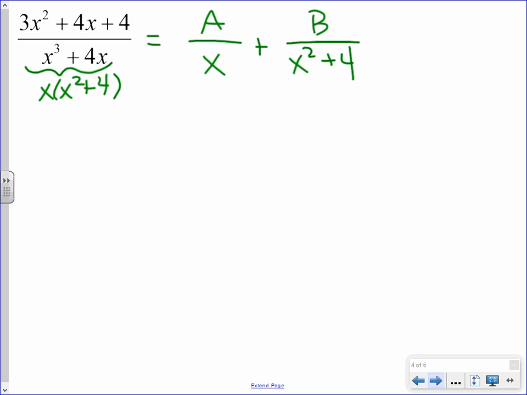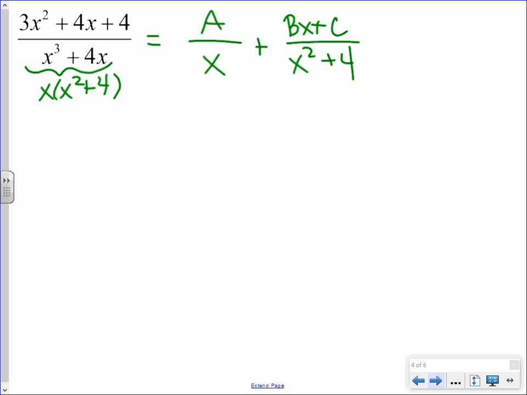Okay, so since our denominator is quadratic, then our numerator has to be linear. Whatever our factor is, our numerator is 1 degree less. So if we have a linear denominator, our numerator is just a constant. If we have a quadratic denominator, our numerator is linear. Yes.